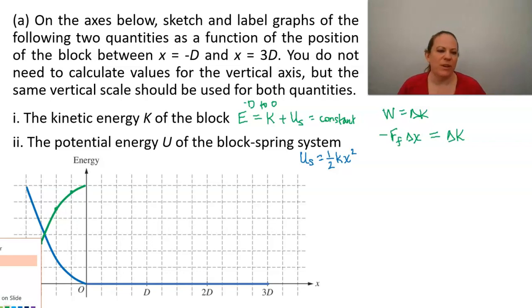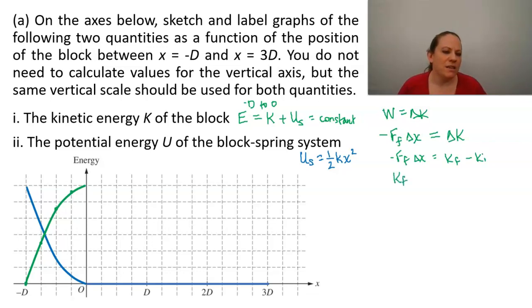We could flesh this out a little bit more, just in case it's helpful. Change in kinetic energy is equal to K final minus K initial. So let's rearrange this: K final equals K initial minus the force of friction times delta x.